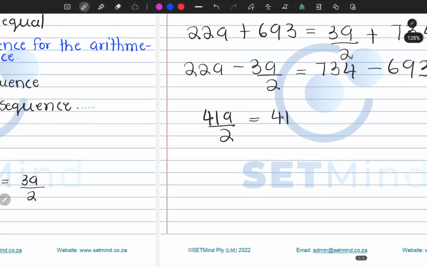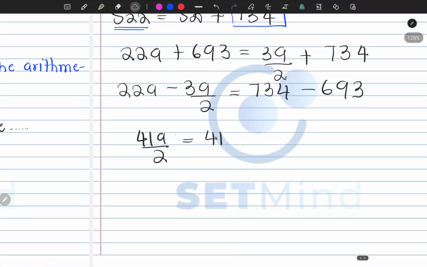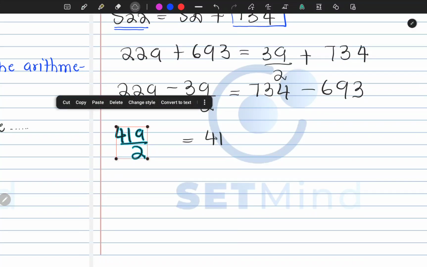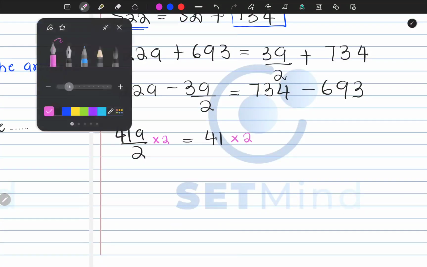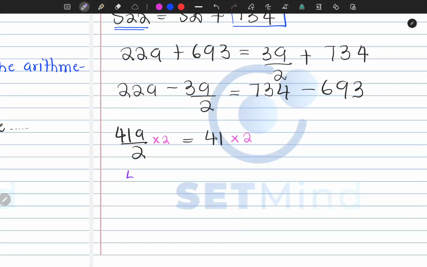We can now remove the fraction, which is that 2, by simply multiplying both sides by 2. What you should see is that we end up with 41a equals, when you multiply that by 2, 82.